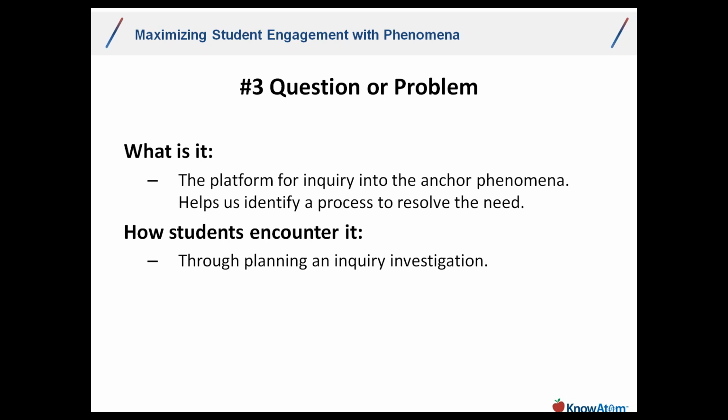So now that we're at the point of a problem or question, that helps the students identify the process that they need to use to resolve it, okay? And they encounter that through actually planning their own, and by their own, I mean they can be in teams of two.